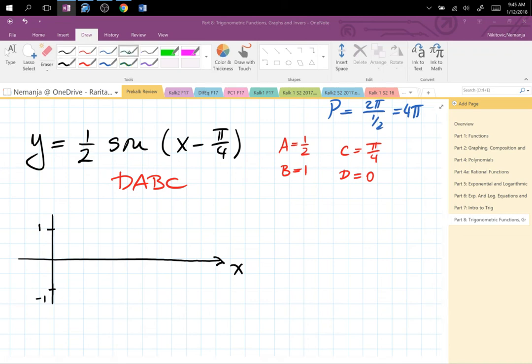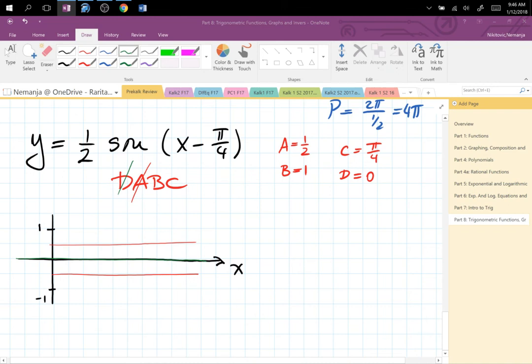That means that my green line is the x-axis. And then I have a is equal to half. So that gives me the red, half a unit up and half a unit down. It's very narrow. So I am done with A and D.